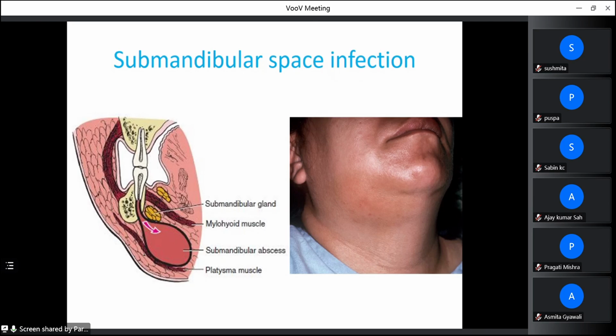In case of the second molar, it depends. It may lead to either sublingual or submandibular space infection, because the attachment of the mylohyoid muscle is more superior in the posterior region, and just near the lower border of the mandible in the anterior region. That is the case of submandibular space infection. Again, if there is submandibular space infection, you have to give the incision and drainage from the submandibular approach.